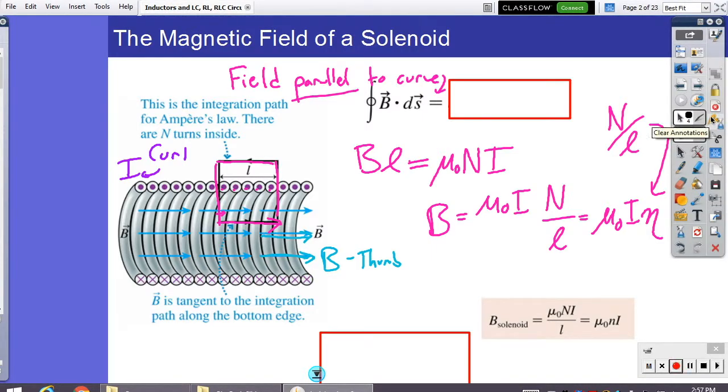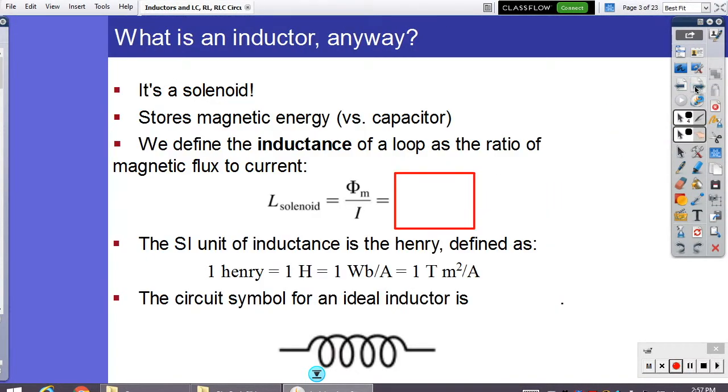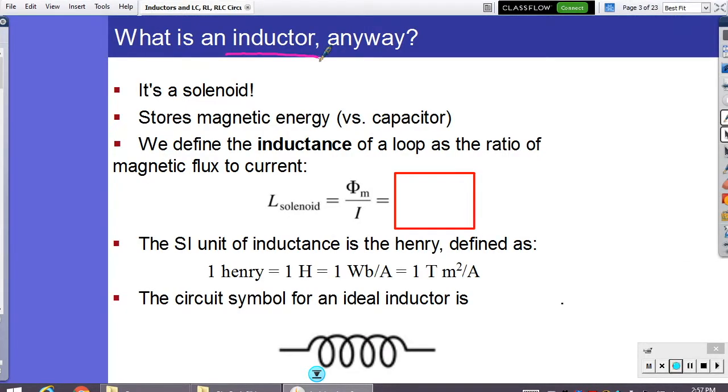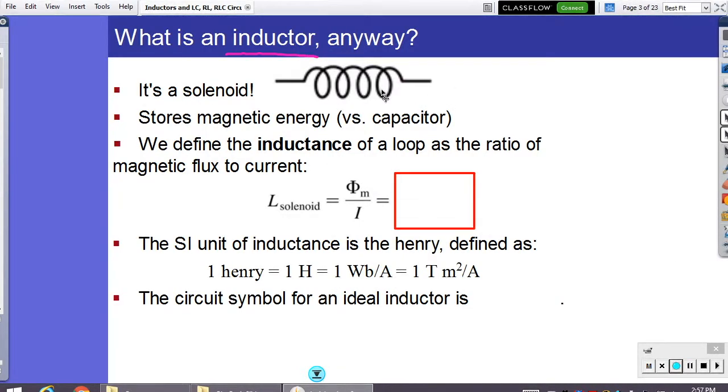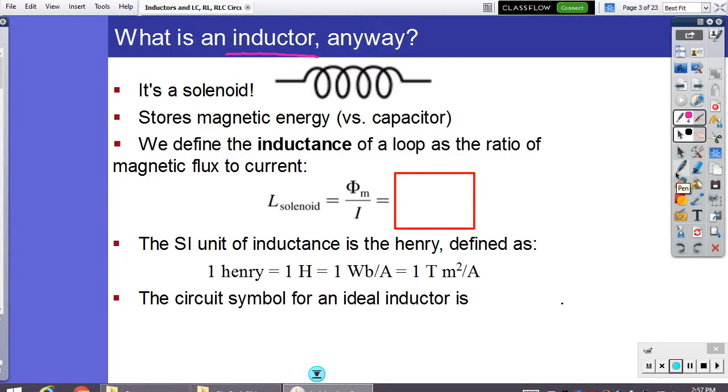Well, we're going to talk about solenoids again, these coils of wire, because they turn out to have a very useful property in circuits. So when we talk about an inductor in a circuit, what we always mean is a solenoid, some kind of loop of wire. And you can actually see that from the circuit symbol for an inductor, which looks like a coil of wire, which looks like a solenoid.